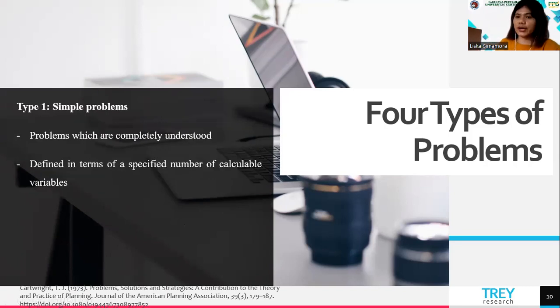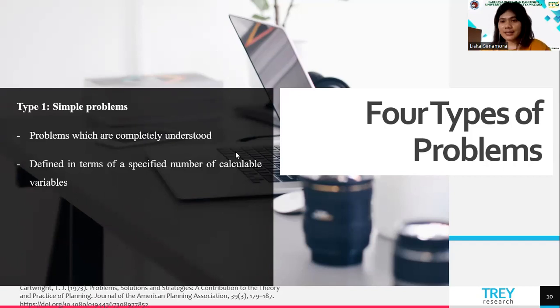So now we are digging into the types of problems. The first type is the simple problem. Simple problems are problems which are completely understood and defined in terms of a specified number of calculable variables.